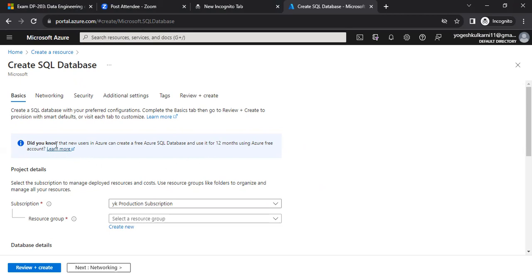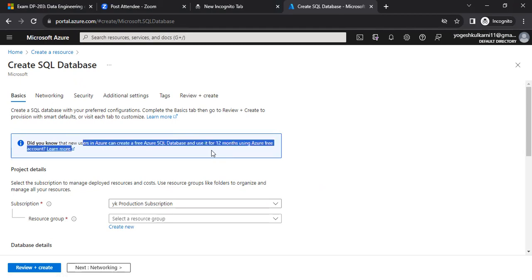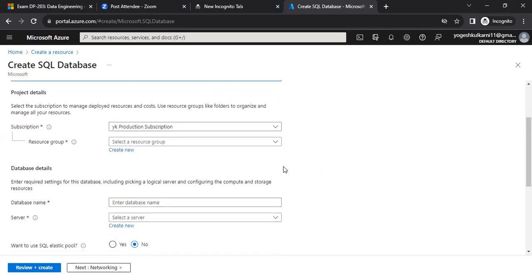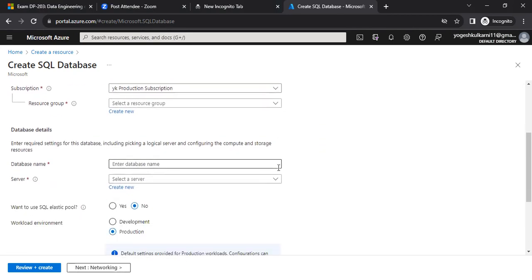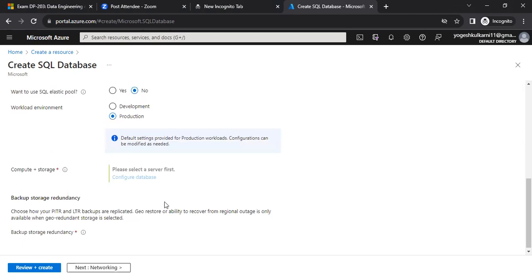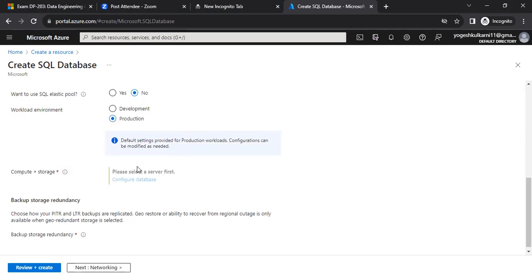See, here it says, did you know that the users can create a free SQL database, and with a 12 months free account you can create it. So yeah, here these compute and storage options are available.